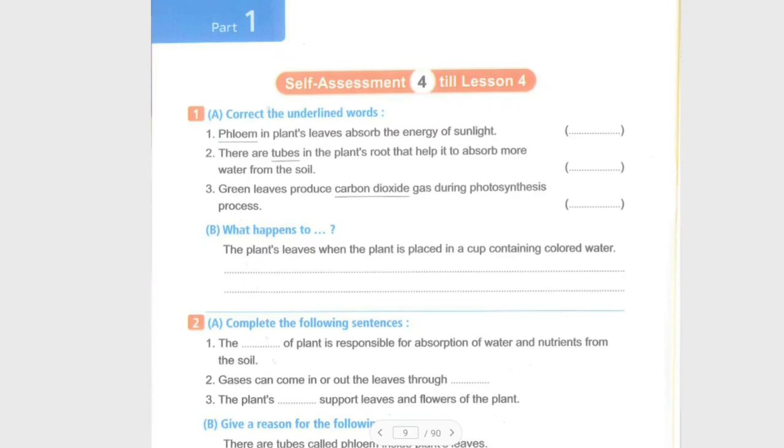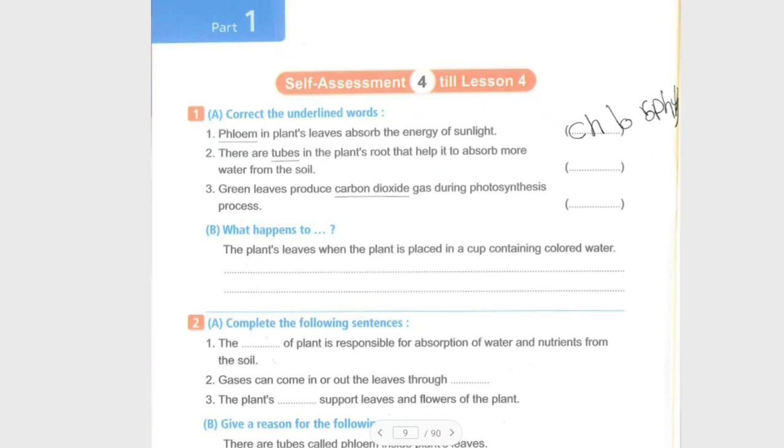Number 1A, correct the underlined word. Phloem in plants' leaves absorb the energy of sunlight. The answer is chlorophyll. There are tubes in the plant's root that help it to absorb more water from the soil.